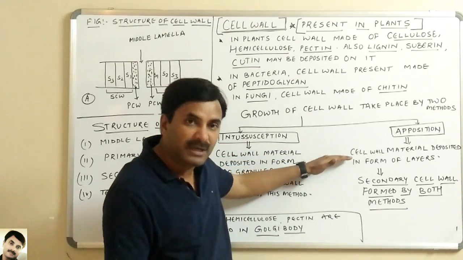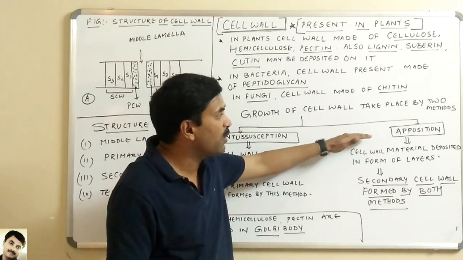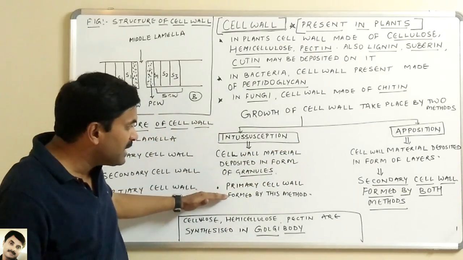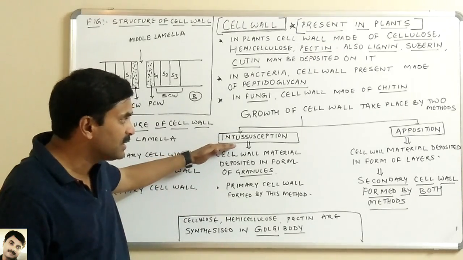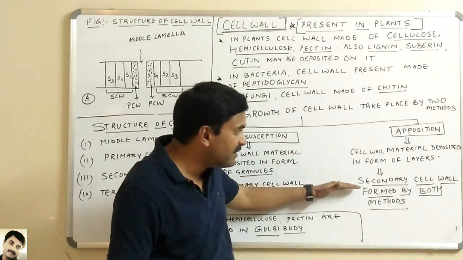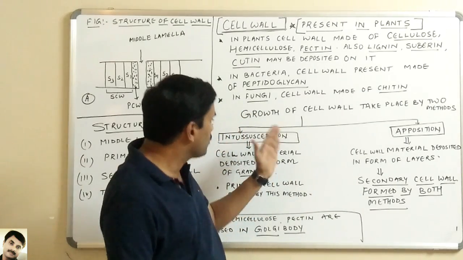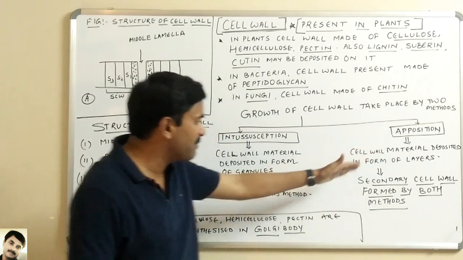And if the cell wall material is deposited in the form of layers, then it is called apposition. The primary cell wall is formed by the intussusception method, while the secondary cell wall is formed by both methods, that is, both intussusception as well as apposition.